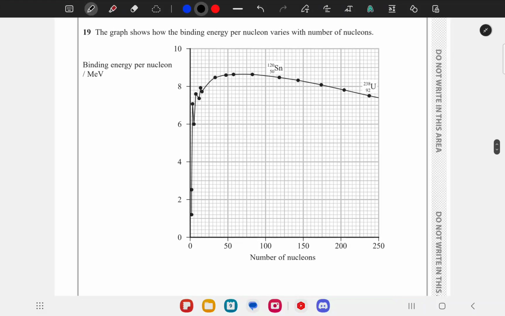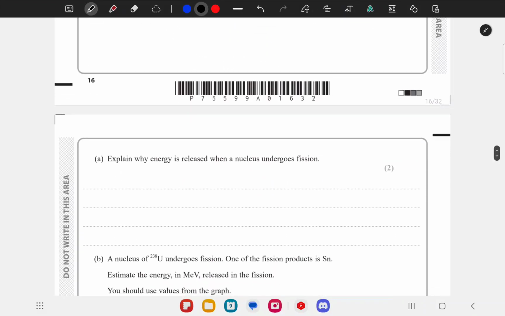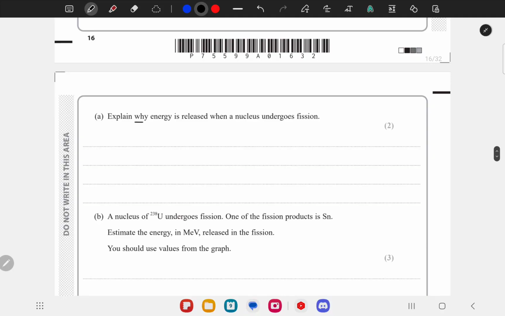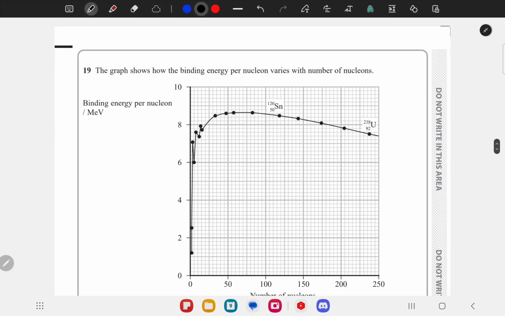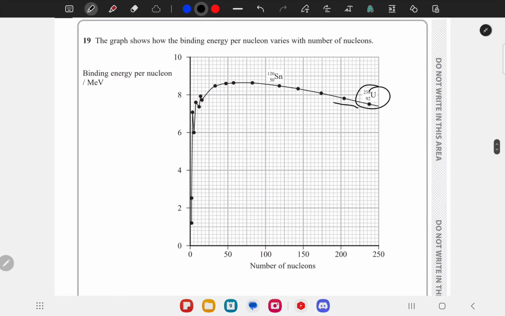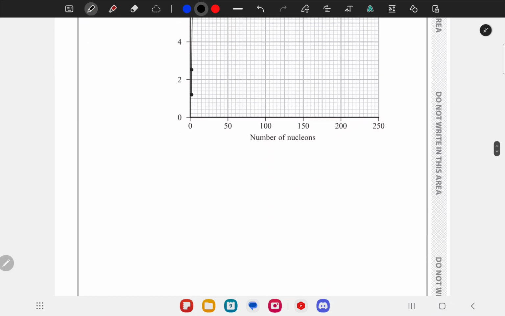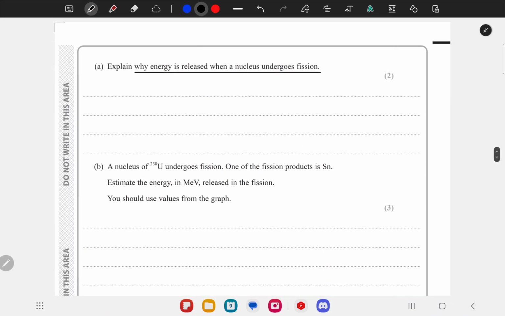Now we are given this question about binding energy. We have to explain why energy is released when a nucleus undergoes fission. So fission happens for something like uranium, and this causes its number of nucleons to decrease by forming smaller atoms, smaller nuclei. If the number of nucleons decreases, the binding energy per nucleon increases, and we'll write that down.